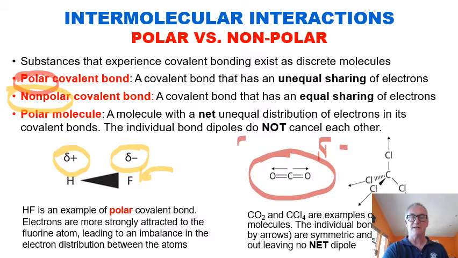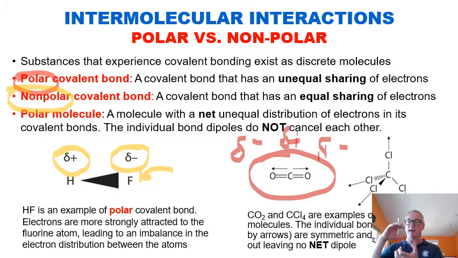That oxygen on the other side is slightly negative. And that carbon in the middle is slightly positive. However, it is completely symmetrical. And so we don't really see the whole molecule being polar. When it's completely symmetric, we basically see that the bonds are polar, but the molecule isn't. And so carbon dioxide basically acts a lot like a nonpolar molecule.